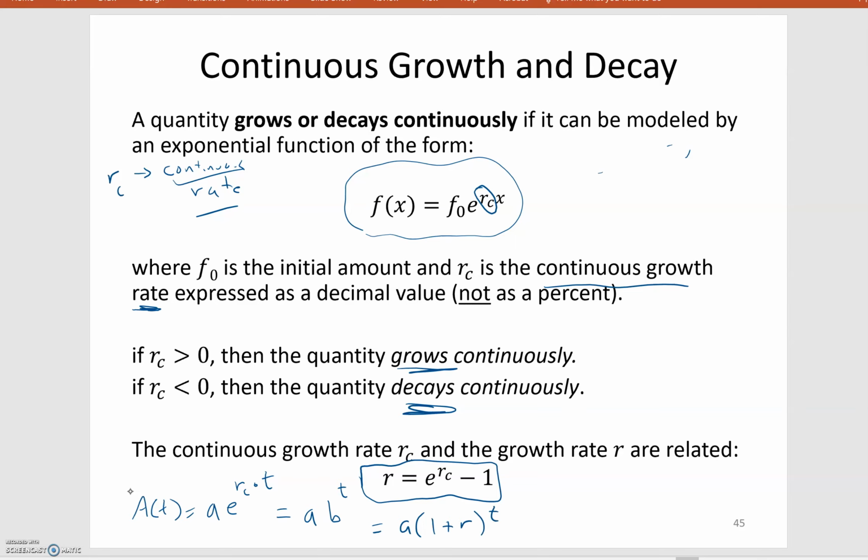Where r is equal to e to the r sub c minus 1. Now that may sound a little scary at the moment, but I promise this is not really that bad once you get used to it.